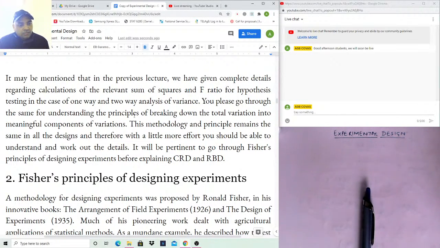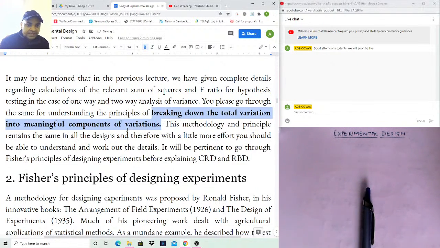Okay. So we have tested the cases for one-way and two-way analysis of variance. Please go through the same for understanding the principles of breaking down the total variation into meaningful components of variation. Okay. And this methodology and principle remains the same in all the designs. Therefore, with a little more effort, you should be able to understand and work out the details.